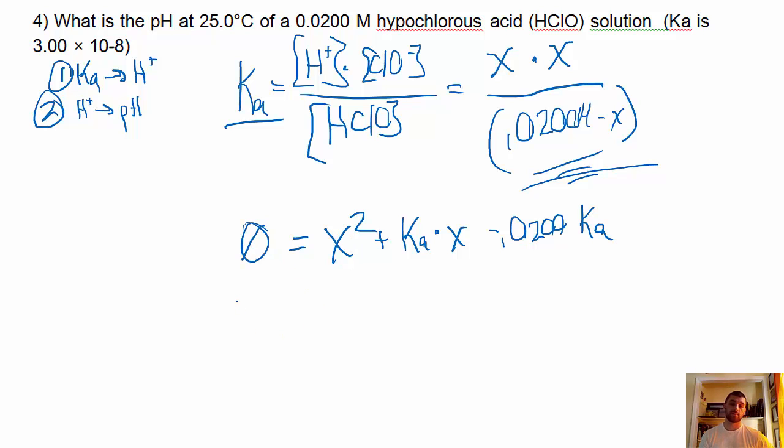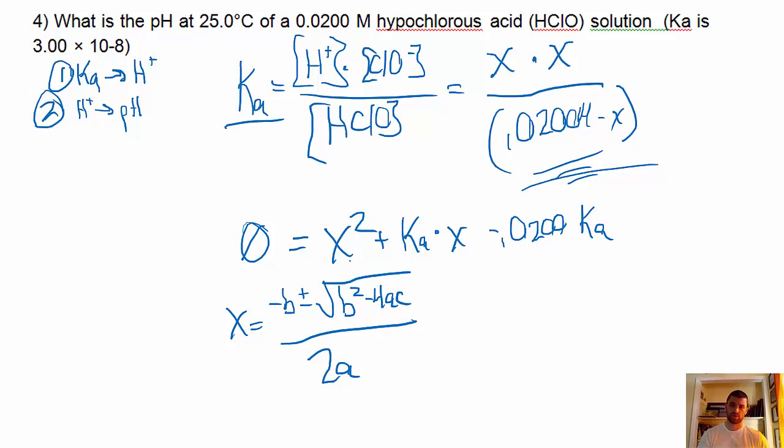So now, going back to trig, where you get X equals negative b plus or minus the square root of b squared minus 4ac all over 2a, where a is 1, b is our Ka, and c is the product of 0.0200 times Ka. So now it's just plug and chug.